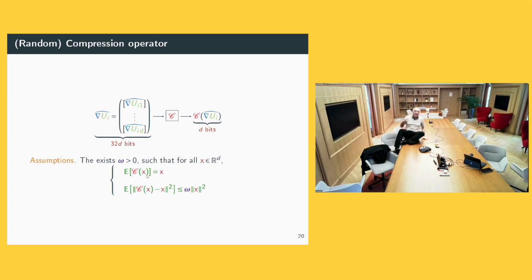So you need to correct that to obtain an unbiased quantizer. And this quantizer should have, of course, a certain quality. So the norm between x and the quantized version should be proportional to the norm of x squared with some factor omega, which is more or less the efficiency of the quantizer.